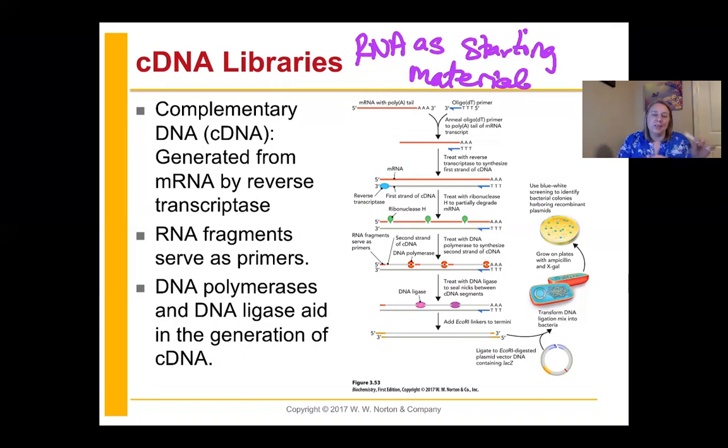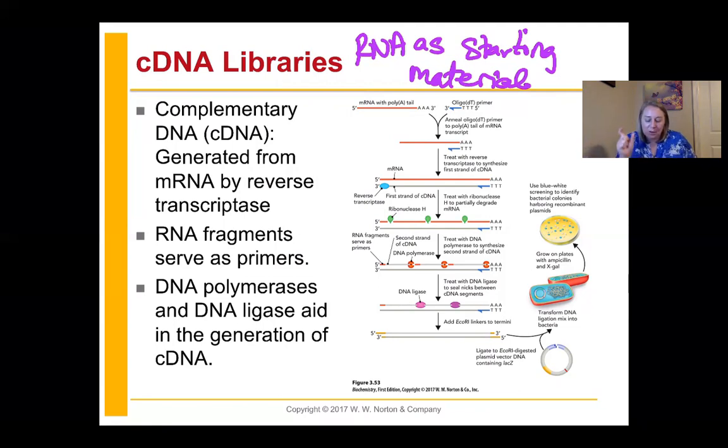And so we have this RNA, right? And we make new cDNA. And then what happens is, okay, let's see. So we have our mRNA. We convert it to cDNA, complementary DNA.